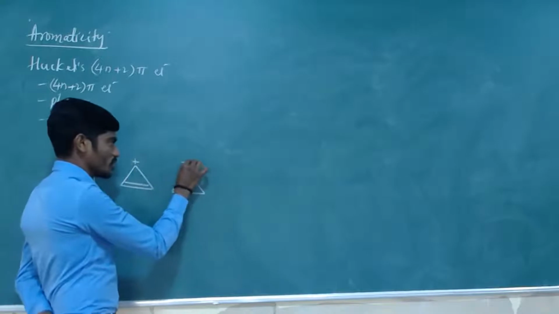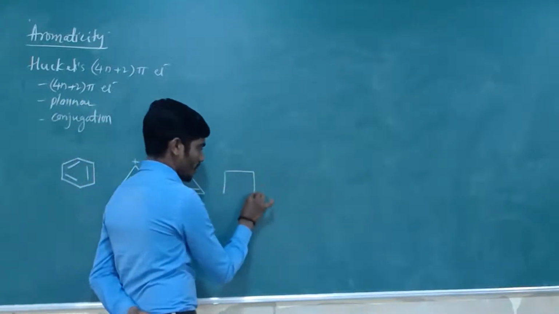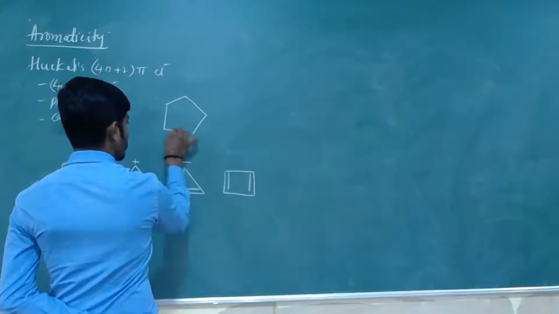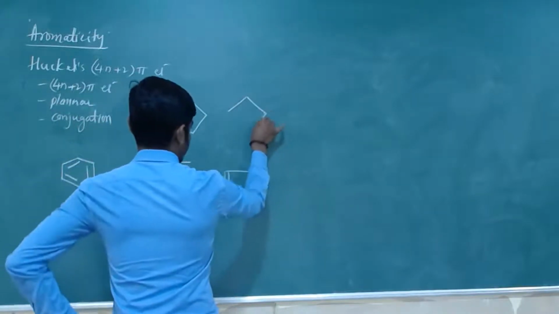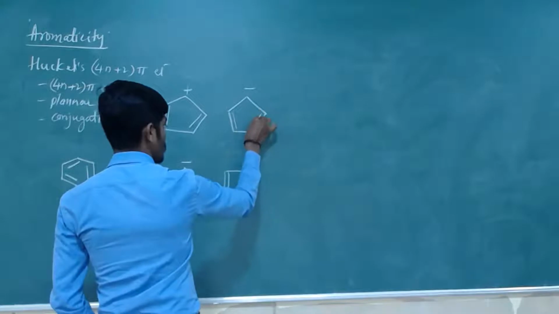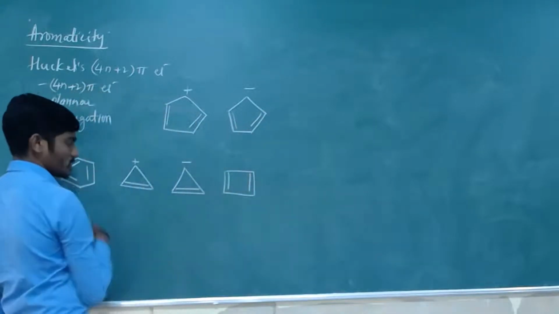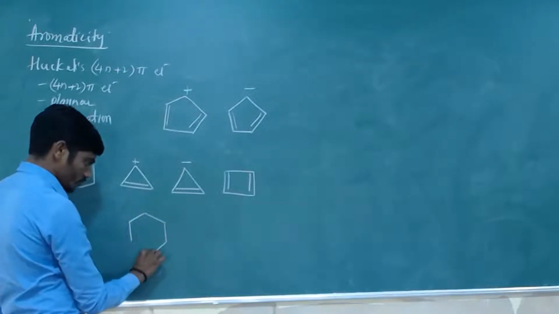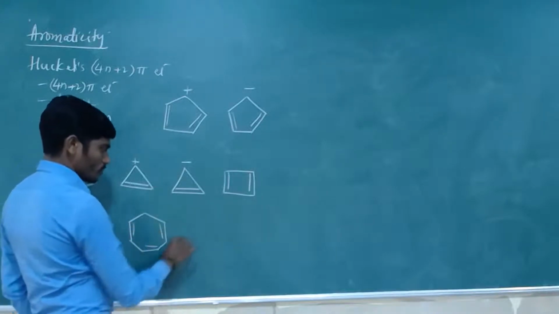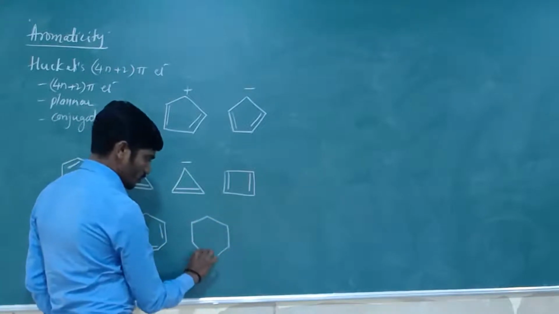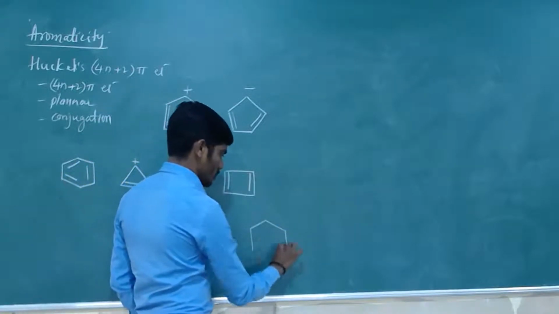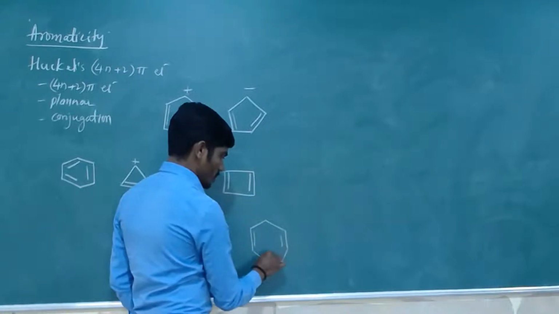One double bond, plus and minus charge. A 4-membered ring with alternating double bonds. A 5-membered ring, a 5-membered ring with plus and minus charge. 6-membered ring, 7-membered ring, plus or minus. Different compounds are given.